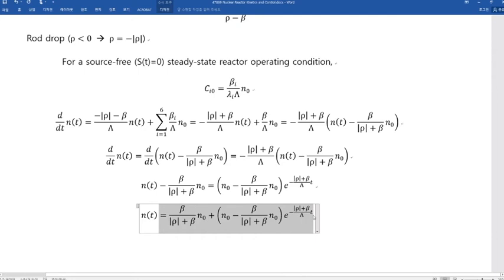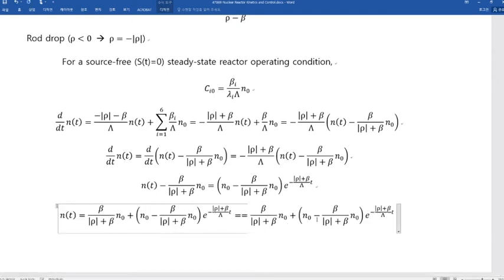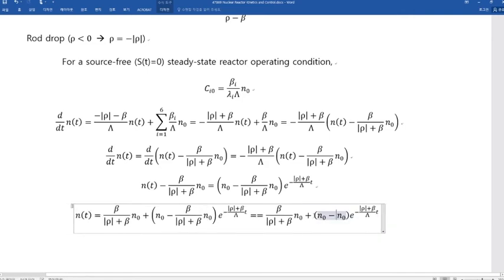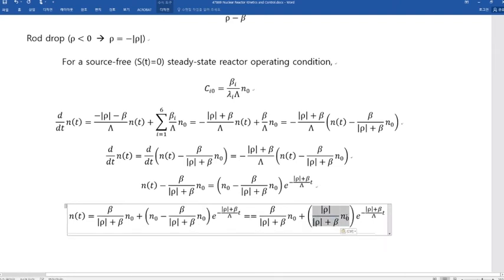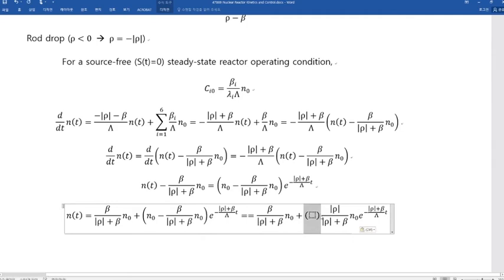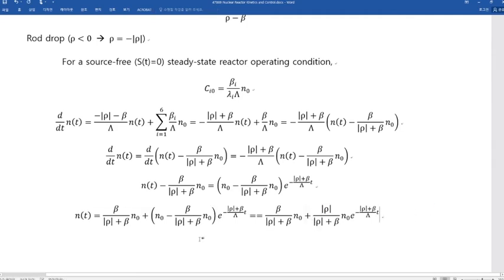Yes, I found that the two equations are in fact the same. So if we take n0, then this will be the same as this.